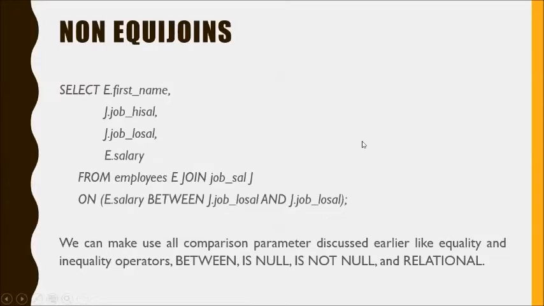So for example: SELECT e.first_name, j.job_high_sal, j.job_low_sal, e.salary FROM employees e JOIN job_sal j ON (e.salary BETWEEN j.job_low_sal AND j.job_high_sal).